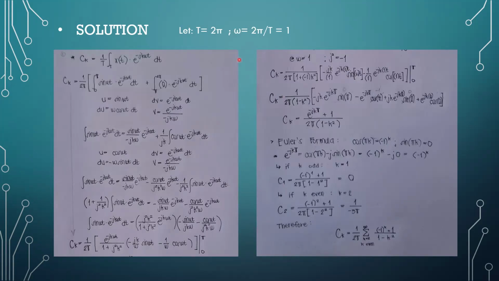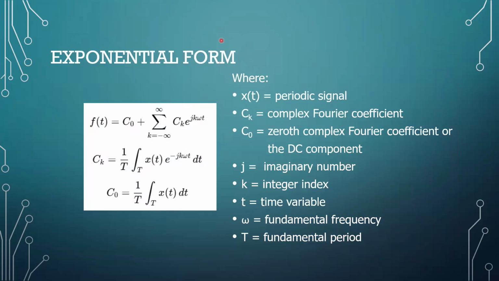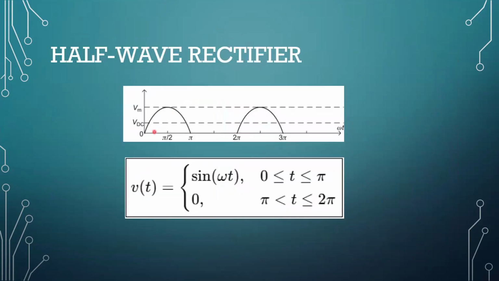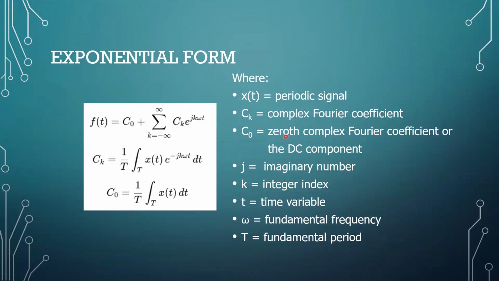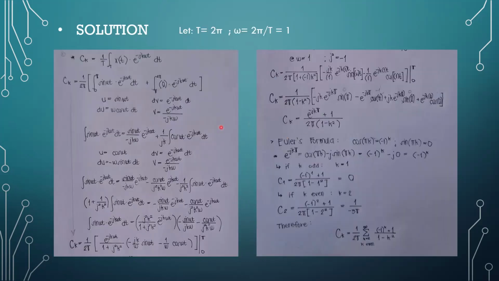T is 2 pi because our signal repeats itself every 2 pi. So that's why the fundamental period is 2 pi. So x of t is our piecewise function, so let's just substitute it.